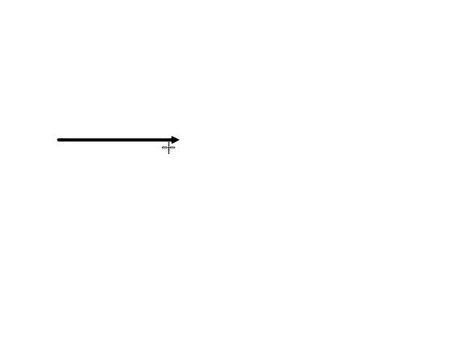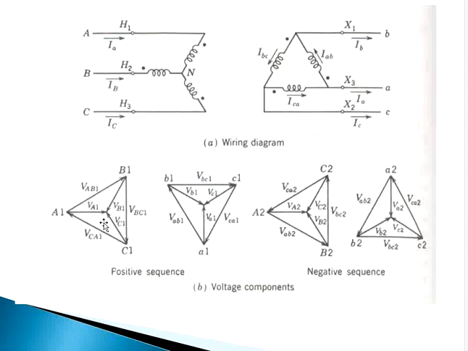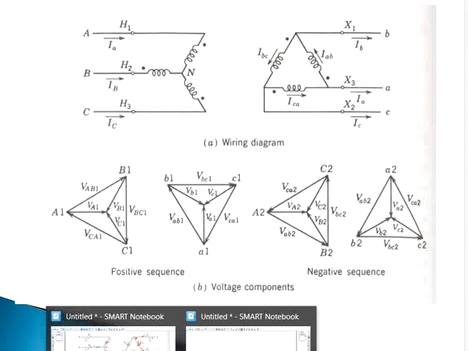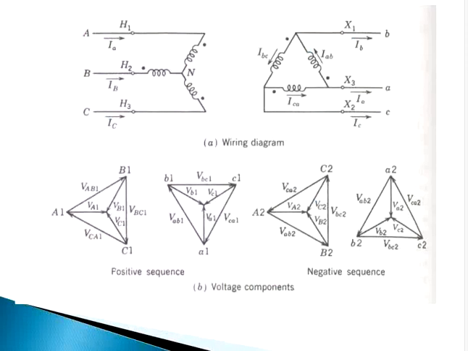Now, where is the smaller VA1? You draw it downwards, like this. This is capital VA1, and this is the smaller VA1.